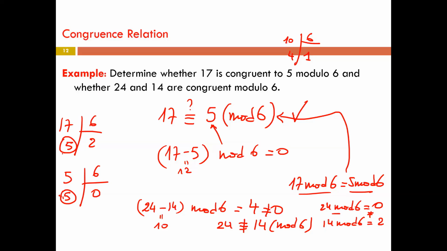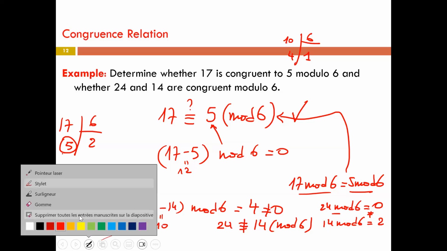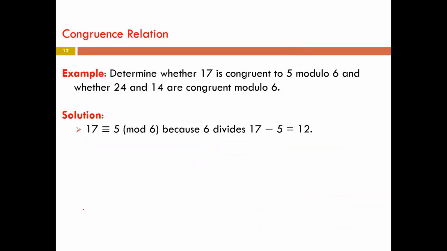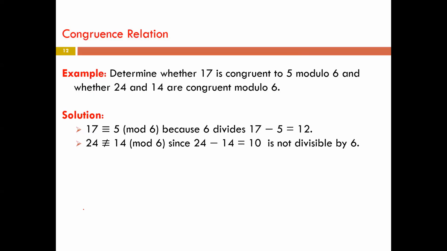So what matters to us is the remainder in the congruence. Agreed? So again, 17 is congruent to 5 mod 6 because 6 divides the difference 17 minus 5, but 6 does not divide 24 minus 14, which is 10.